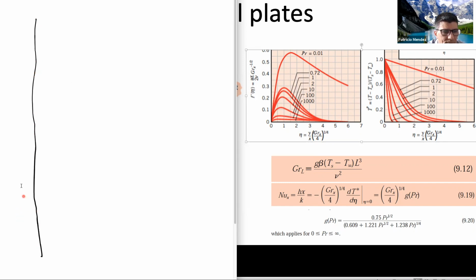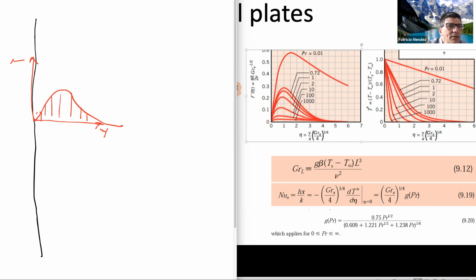In a vertical plate with convection, our velocity profile was, if this is the y-axis, and vertically we have a velocity profile that was 0 on the wall, starts to increase, gets to a maximum, and then decreases. And this is our boundary.